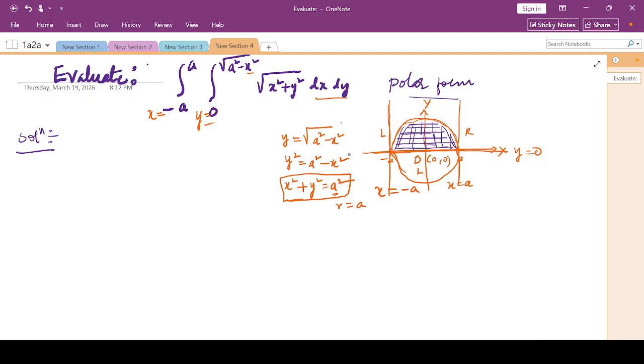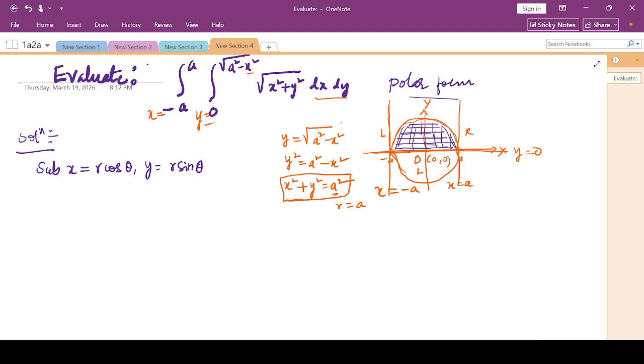Look at the first step: we have to substitute x equal to r cos theta, y equal to r sin theta.